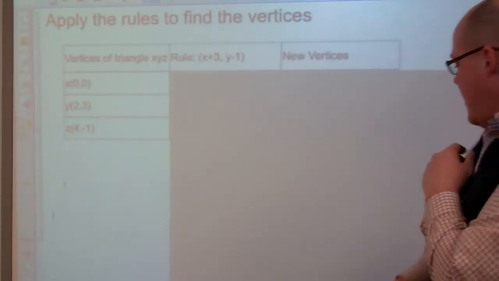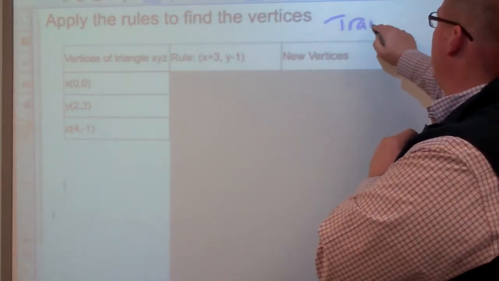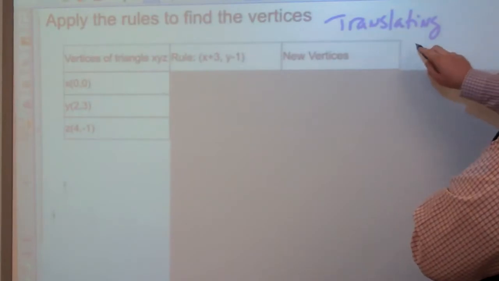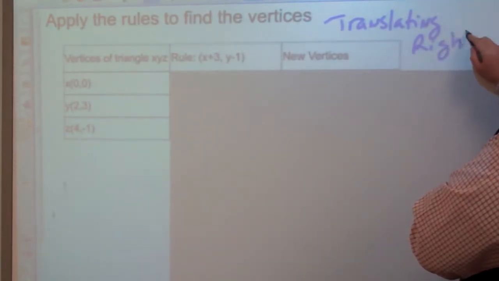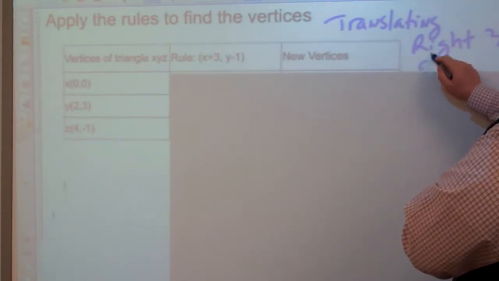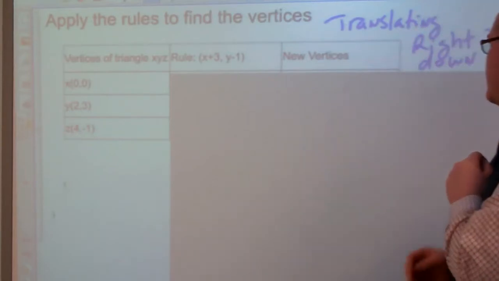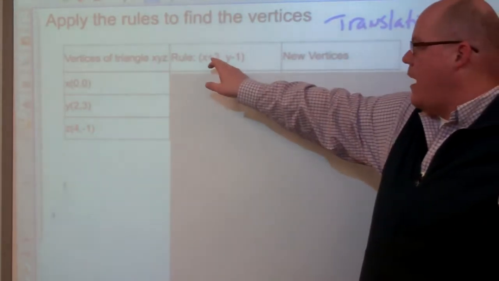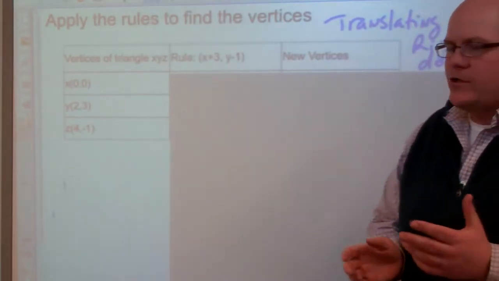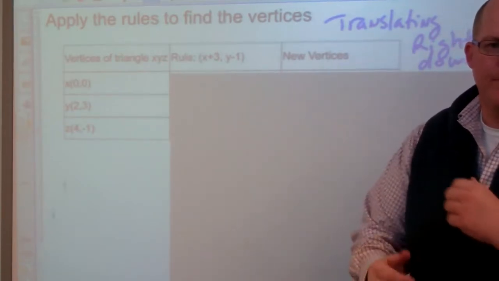We're going to be translating, you write this down, right 3 and down 1. So we're translating right 3 and down 1, so you see we're adding 3 to x and subtracting 1 from y. Why don't you guys go ahead and pause here so that you can draw the table and complete the table.